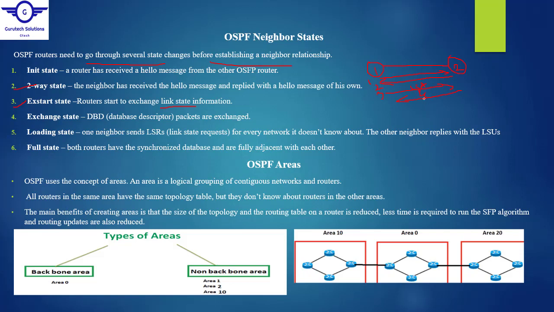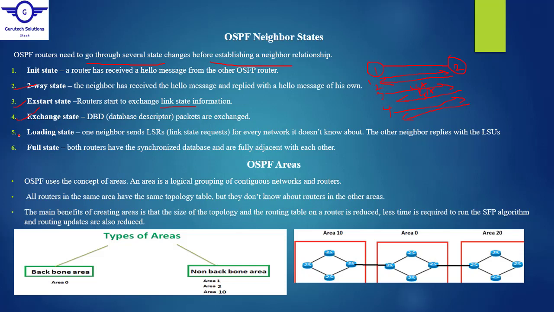That is stage 3. And now stage 4, exchange state. The routers now exchange the database descriptions. This router exchanges database descriptions with the other one, and router 2 will send the database content to router 1. Very simple, guys.